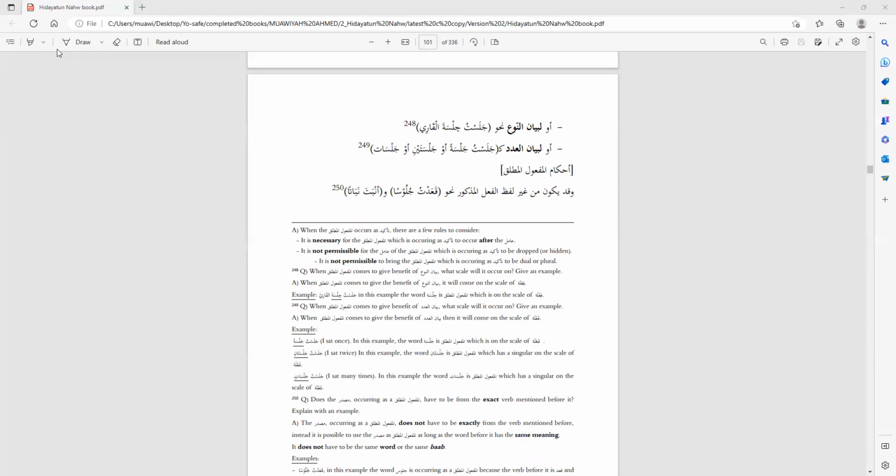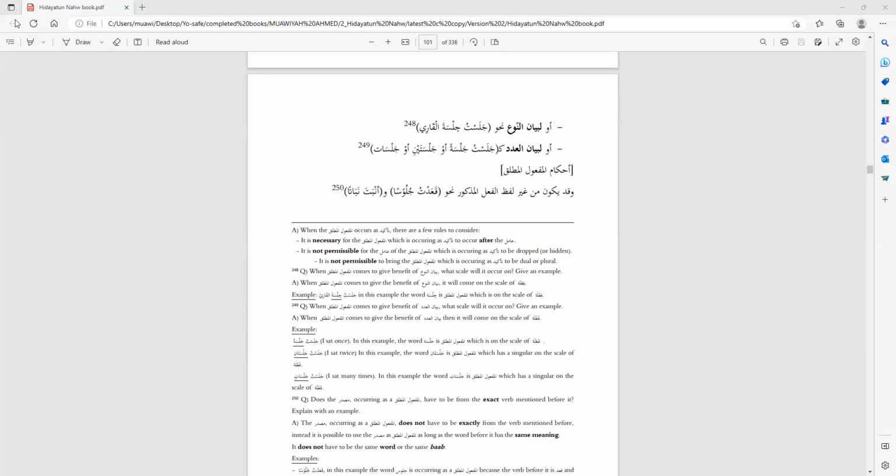وقد يكون من غير لفظ الفعل المذكور, and sometimes it will be from other than the verb that's mentioned. So it can be from a word other than the verb mentioned.